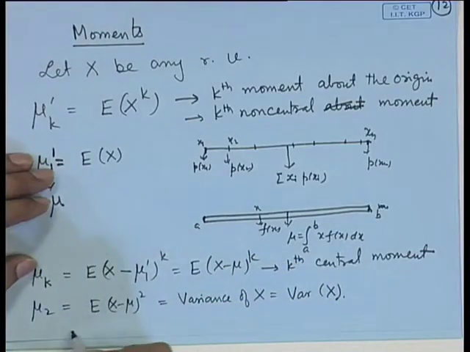Now, if you take the average value of x minus mu, then expectation of x minus mu is expectation x minus mu, which is actually 0. So, this does not give you any information. This is because the plus deviations and the minus deviations from the mean cancel out each other. So, mu 1 is actually 0.